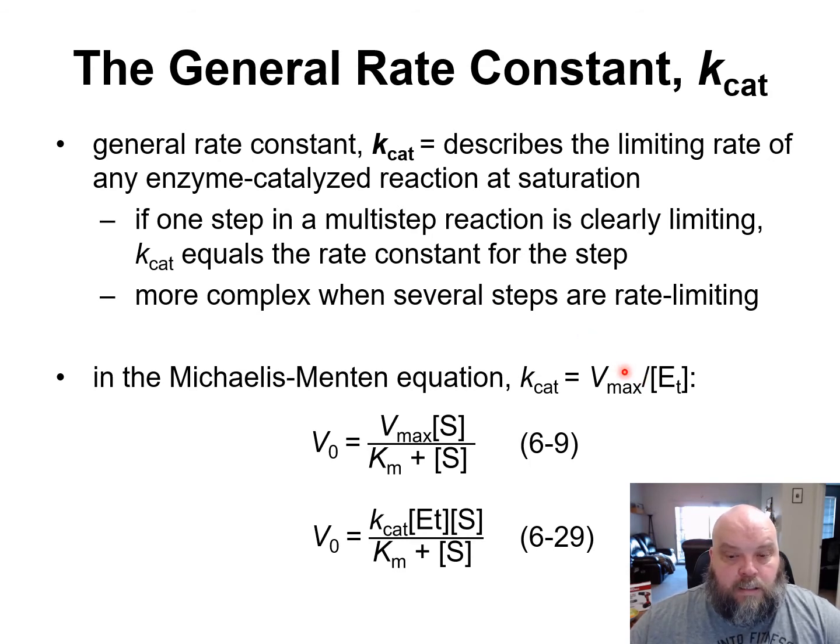So when you divide Vmax by the total enzyme present, bound and unbound, you get the constant rate, K-cat. So V naught equals K-cat times the total enzyme times substrate divided by the Michaelis constant plus S.